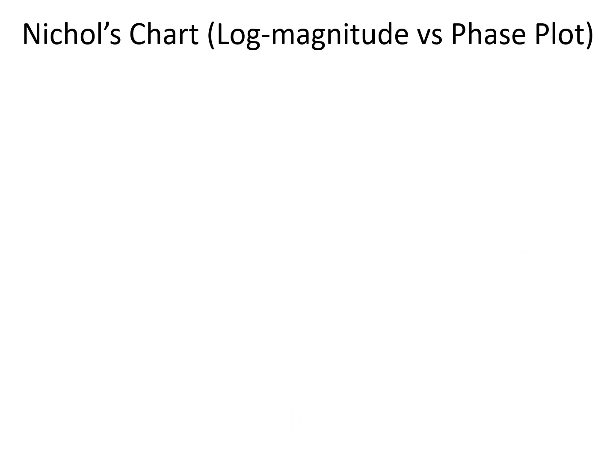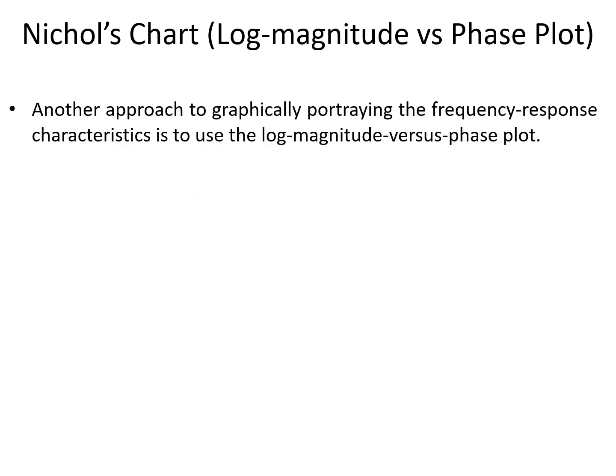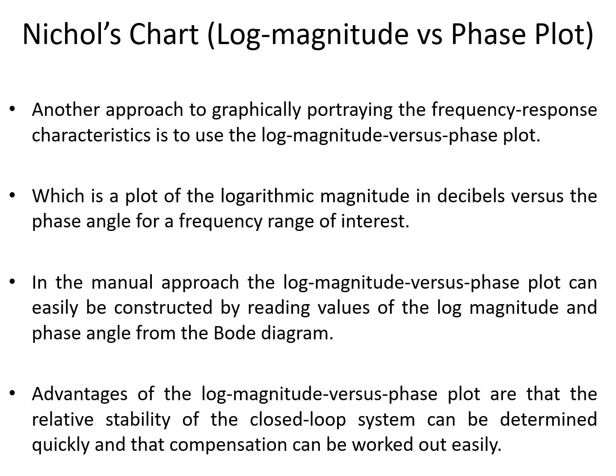Now coming to the Nyquist chart. This is another approach, used graphically to obtain the frequency response characteristics, in order to determine the log magnitude versus phase plot of the Nyquist plots. Here the logarithmic magnitude in decibels is plotted against the phase angle for a frequency range of interest.